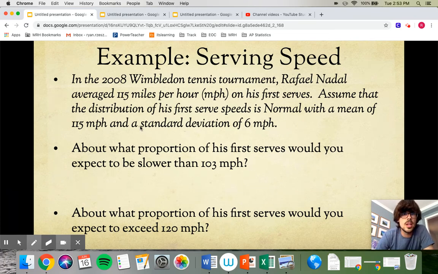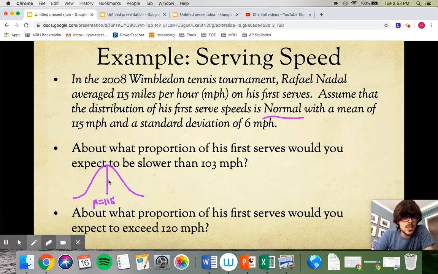So it should say in the problem that his serve speeds are assumed to be normal. As soon as you see that, you need to sketch a picture. I want to see a picture for every normal distribution problem you do. It's a good way to show your work, and it will also stop you from making some silly mistakes. The mean for his serves is 115, so I'd put mean is 115.